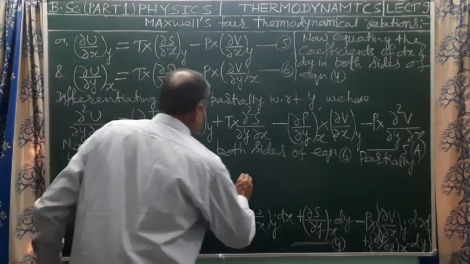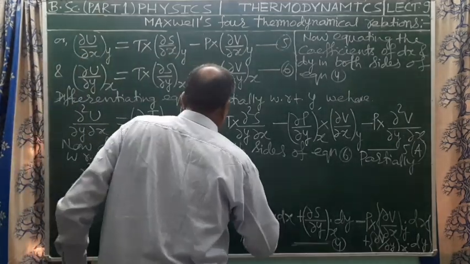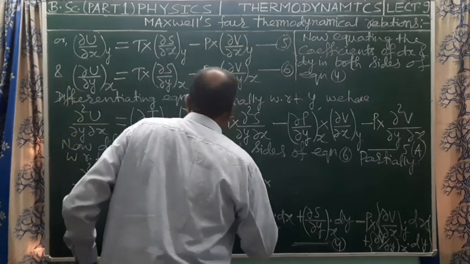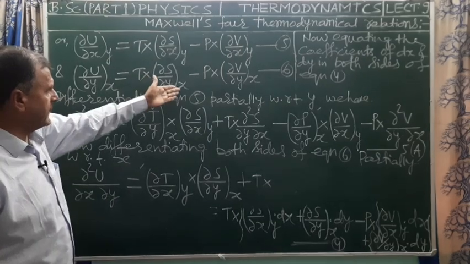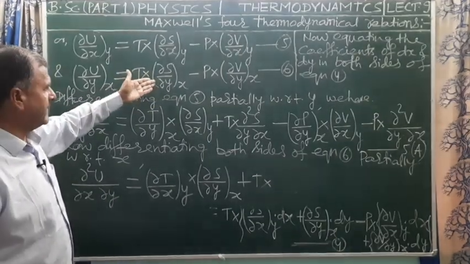plus, second term is now plus keeping t constant, so it is t multiplied by now differentiation of second function del s upon del y at constant x with respect to x.